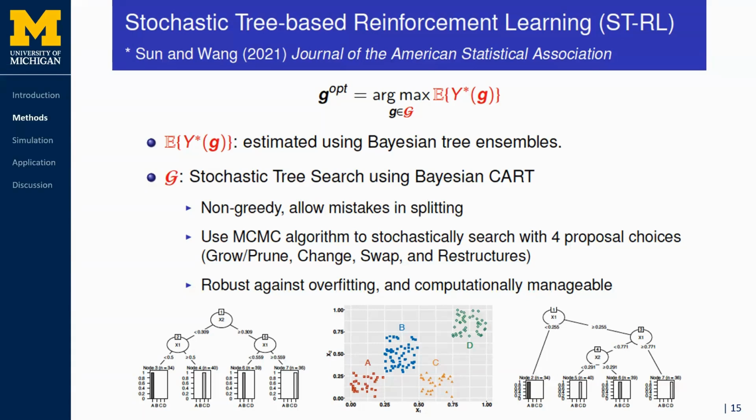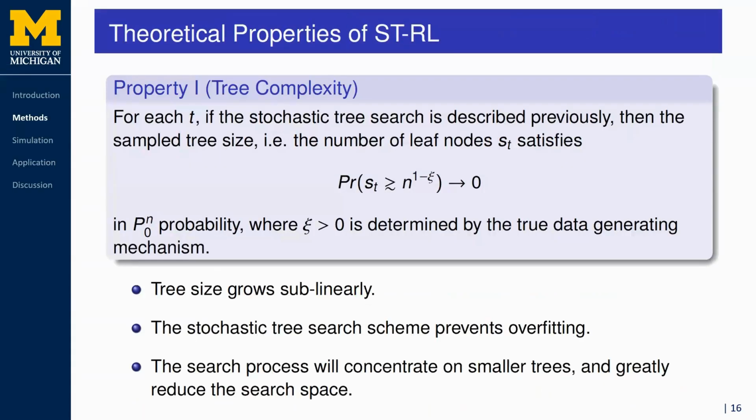We also evaluated their theoretical properties, and we found that for the tree complexity, if we use little st to denote the number of leaf nodes, then the probability that the number of leaf nodes goes beyond a certain order of n actually goes to 0. So that means the tree size can grow sublinearly, and this can greatly help us prevent overfitting.